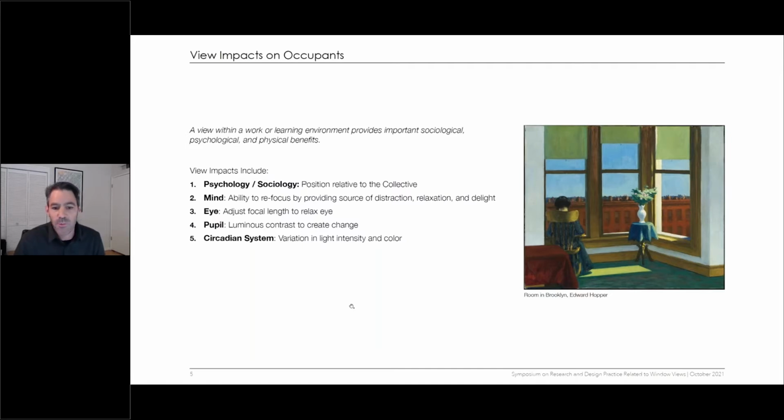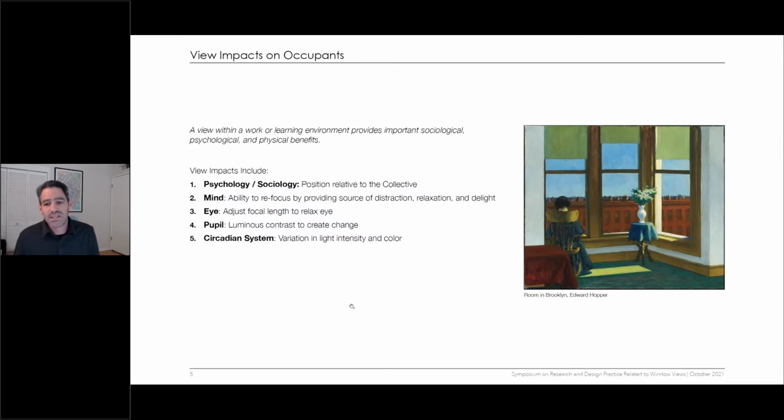But as others have pointed out, the point of having a view within a work environment or classroom environment is to understand our position relative to the collective in terms of our psychology and sociology, resetting our mind as a source of distraction, relaxation, and delight, allowing our eyes to relax, adjusting our focal length, allowing for luminous contrast and change in our pupils and our musculature, and our circadian response, both hormonal as well as our cognitive response to variations in light intensity and color.